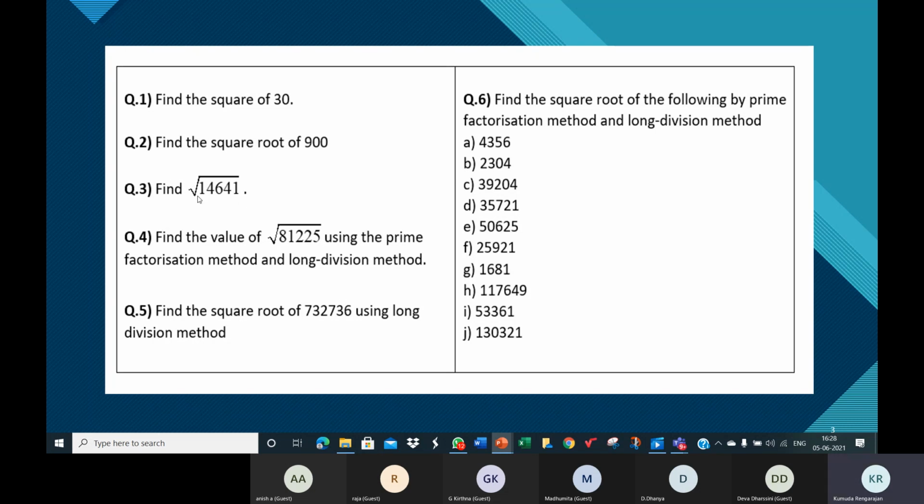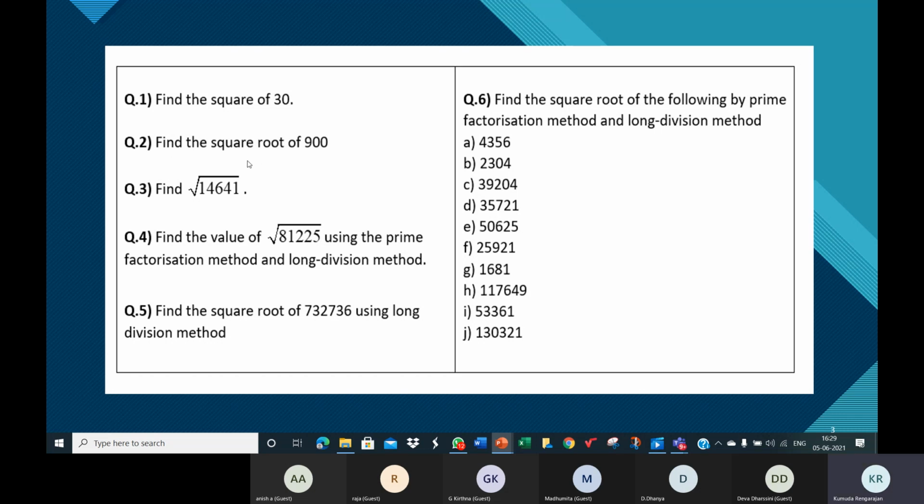Find the square root of 14,641. How do you read this one? This one alone: the square root of 81,225. All right. So this is what you're going to see ahead. Find the square root of 900.